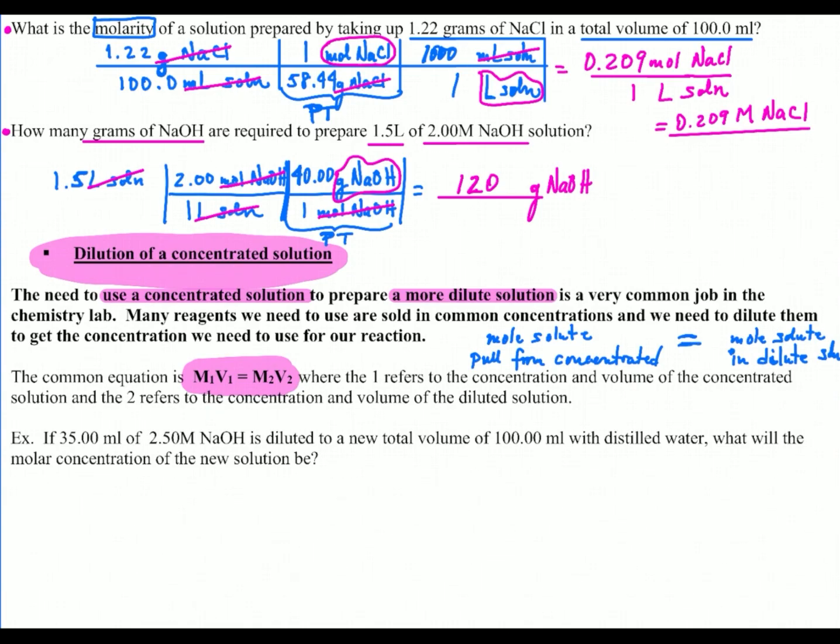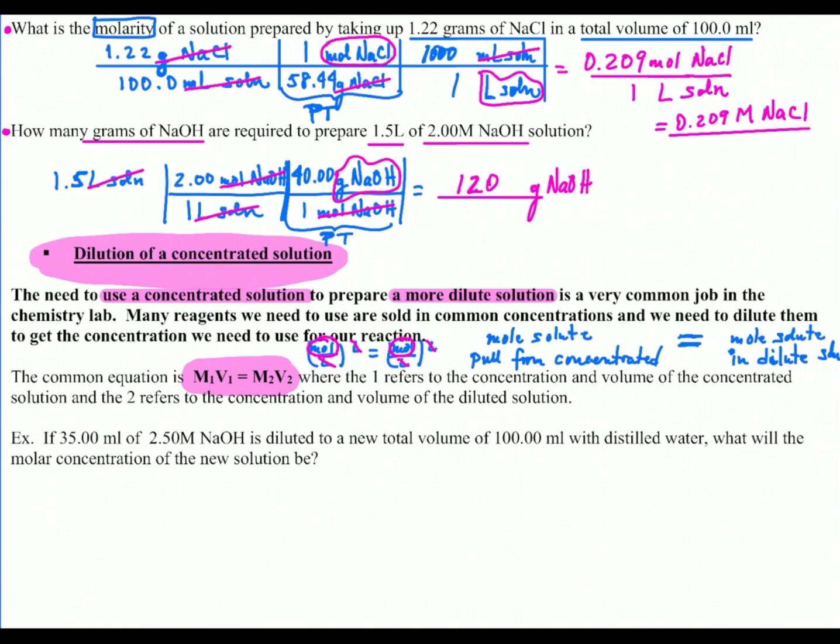And that is the whole idea of doing molarity times volume equals molarity times volume, because that is moles per liter times liters on both sides. So what cancels is liters, and you're saying the moles in the concentrated sample is the same number of moles as in the dilute sample.